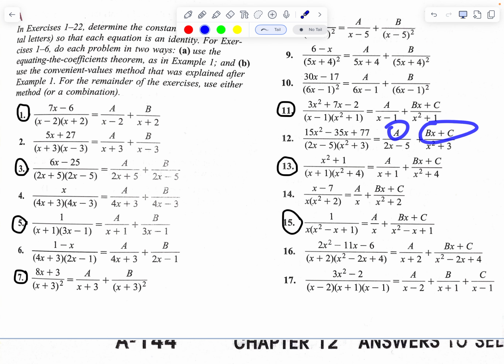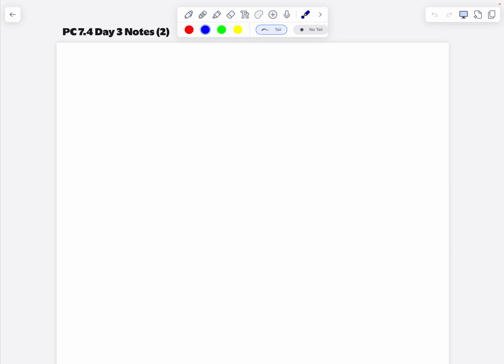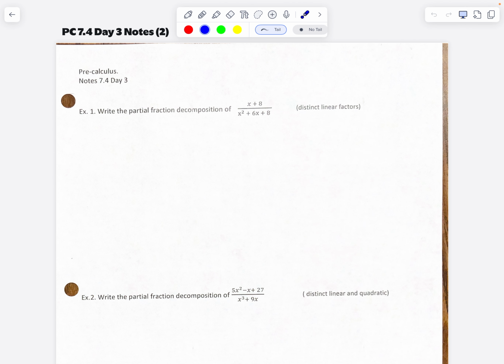Now, on the right-hand side, you need to expand. And then we have some like terms, the Ax and the Bx need to go together. And the other 2 terms are considered our constants.